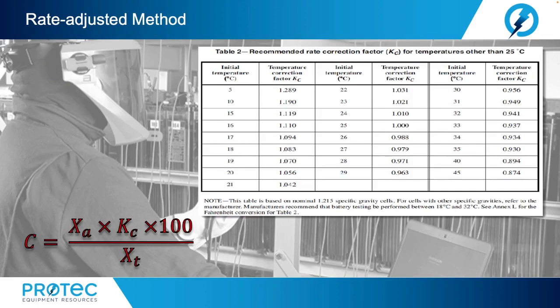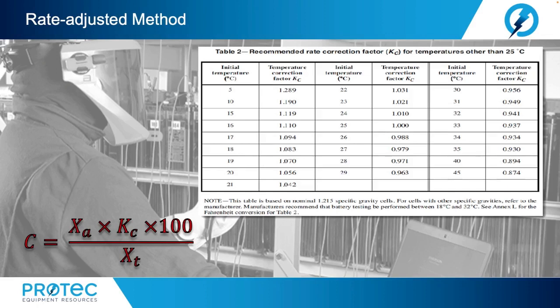Therefore, when dealing with shorter test times that are under 1 hour, it is more accurate to use the rate-adjusted method. Here, we evaluate the true capacity and not the inefficiency of being discharged at a shorter time duration.